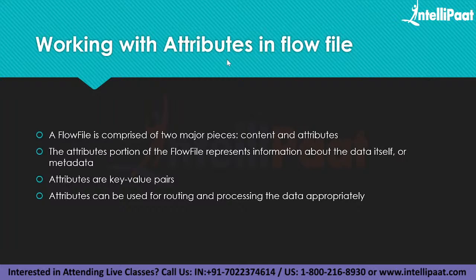Since every flow file has some attributes associated with it, we can have this information handy to play around with. We can have some sort of processing logic around it, and some sort of routing logic around it.